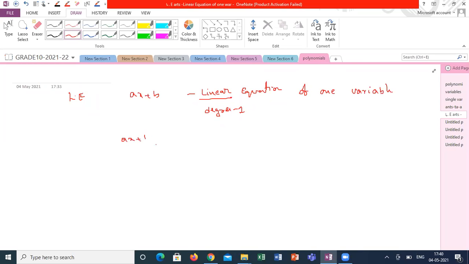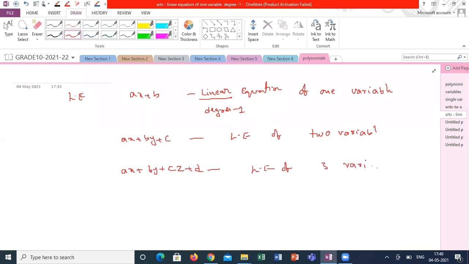If I am talking about ax plus by plus c, this is a linear equation of two variables. And ax plus by plus cz plus d, a linear equation of three variables. And on the other side, if I'm taking a single variable, I can also create different polynomials, single variable polynomials of different types. ax plus b, a linear equation of one variable with degree 1, which was already explained.